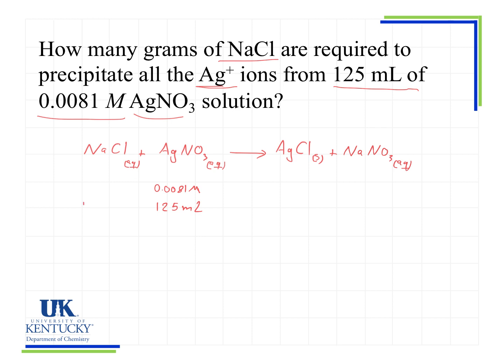We want the mass of the sodium chloride. How can we relate silver nitrate with the sodium chloride? It's asking how much sodium chloride is required to precipitate all silver ions. So we have to use all silver nitrate or silver ions in order to make AgCl, right?